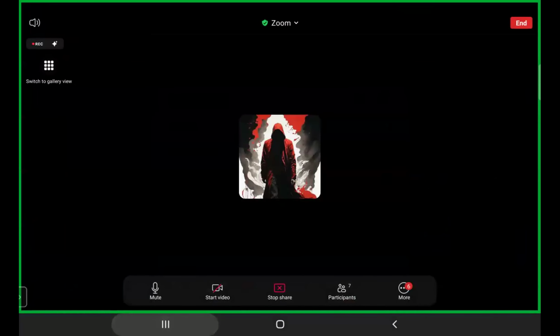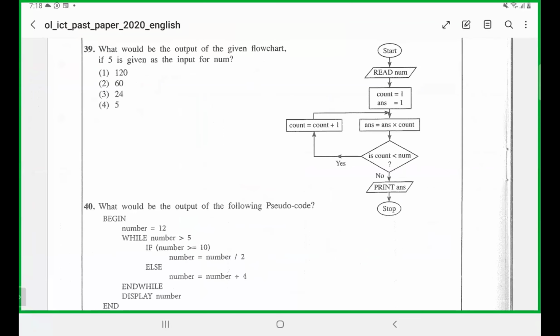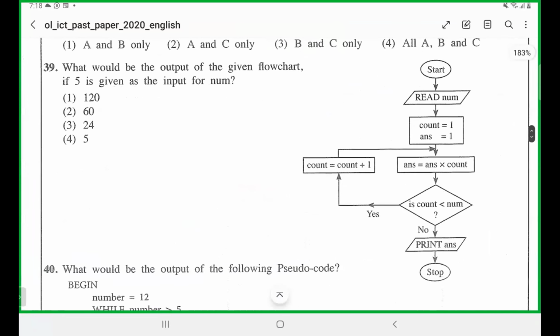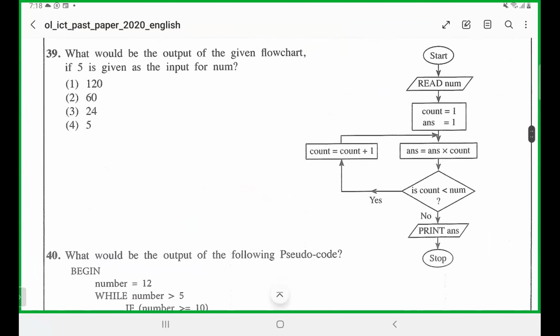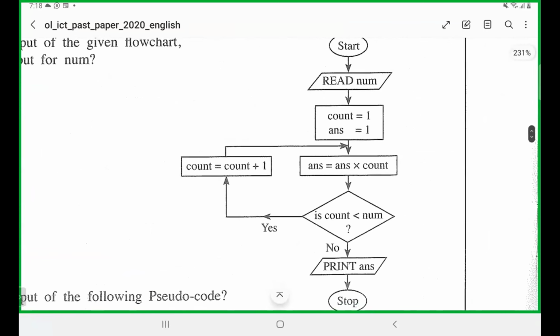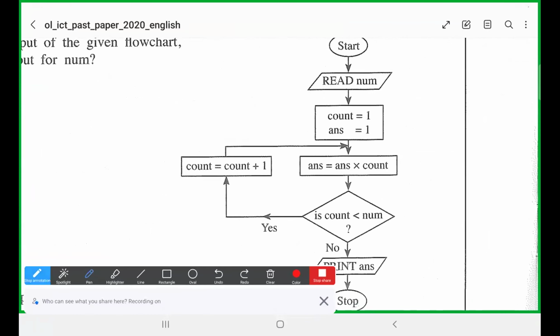Okay. What about the question? Yes, 39. What would be the output of the given flow chart? Here, in this flow chart, you can easily give the answer. Read num, count equal count plus 1.